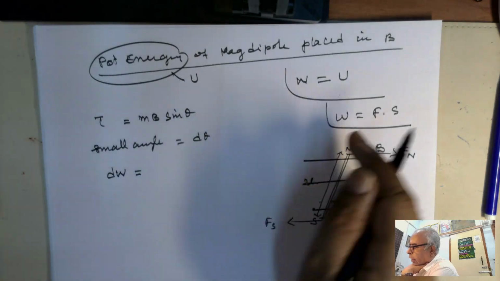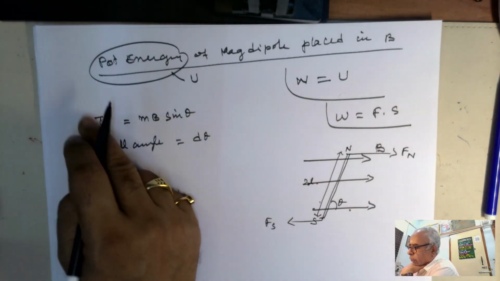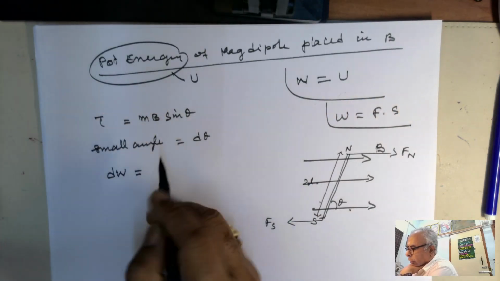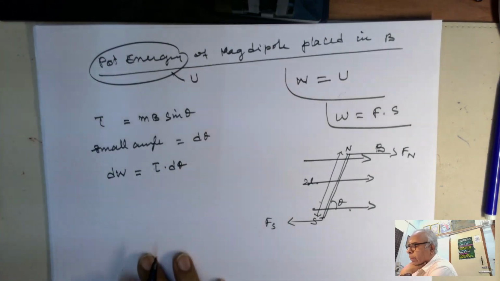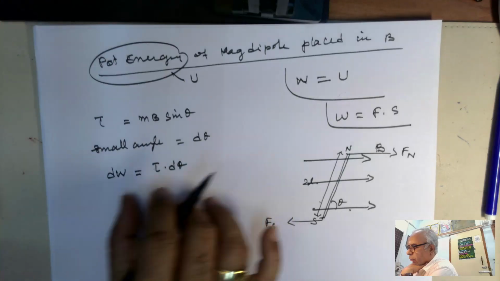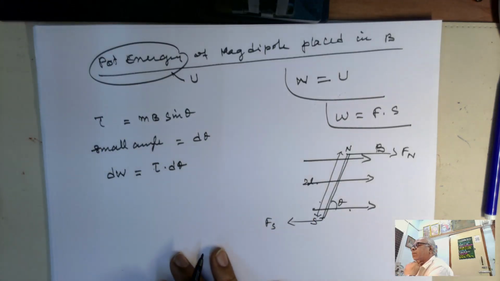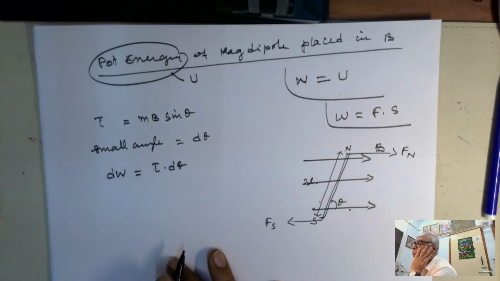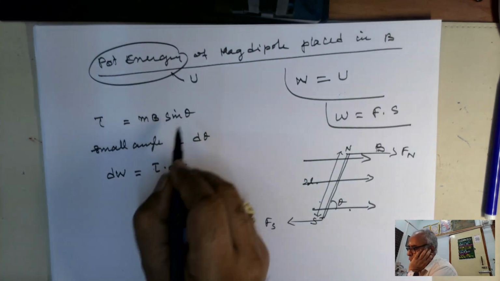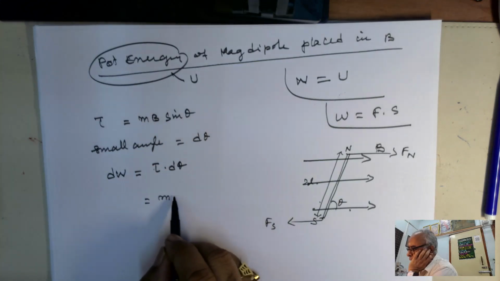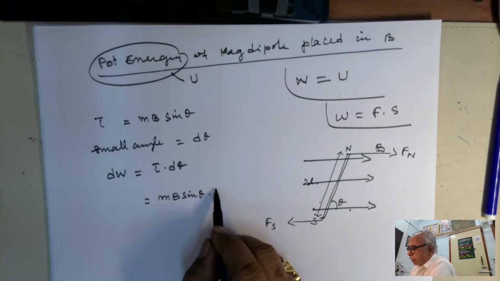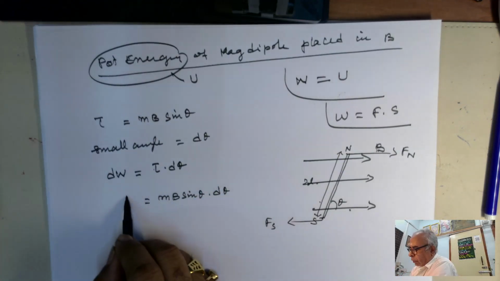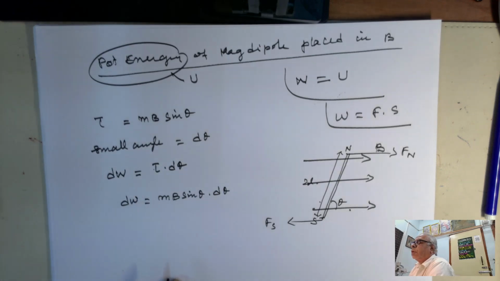Instead of force, you can put the twisting force, torque. So torque into d theta. Do you understand this? The same equation, but in the form of torque. So tau into d theta, and tau is mB sine theta, then into d theta, and you get dW, the small work.